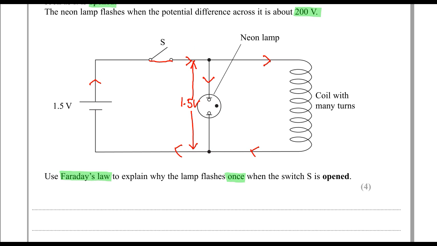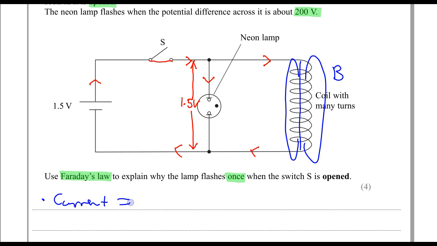However, we have got a current flowing through the coil, and that generates a magnetic field around the coil. When we open the switch, the current will stop flowing.